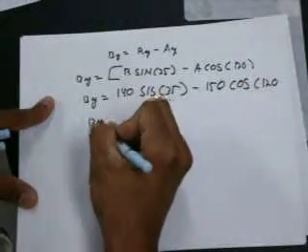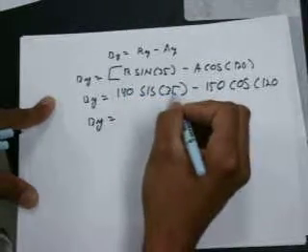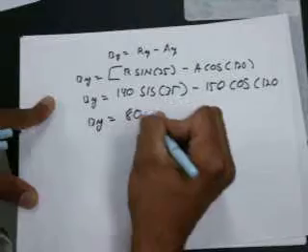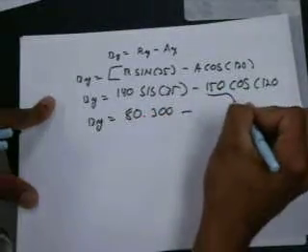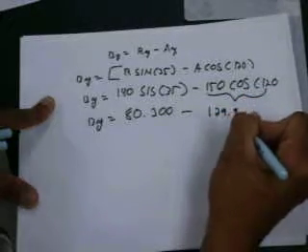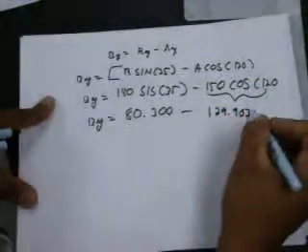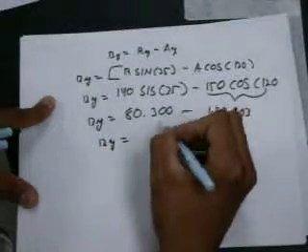Our BY equals, if we solve for 140 sine of 35, we get 80.300 minus, when we solve for this, which equals 129.903. Our BY, if you do this subtraction, you get negative 49.603.